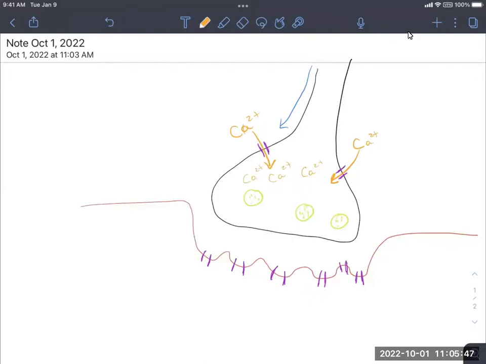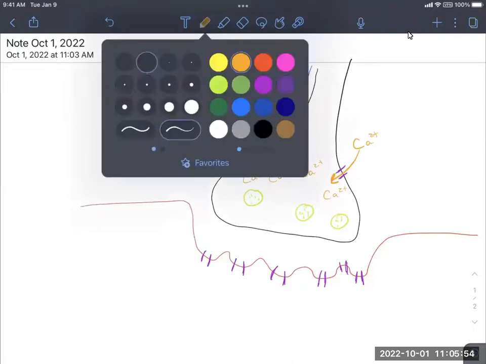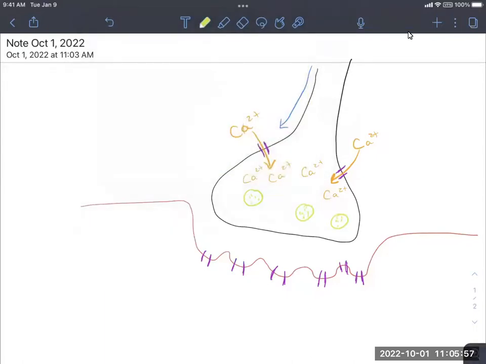What calcium coming into this axon terminal does is it triggers this synaptic vesicle to combine with the plasma membrane. It's going to bind with the membrane here, and it's going to release its acetylcholine out into that synaptic cleft.